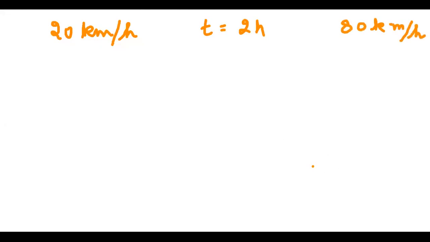In such case, if we want to find acceleration, it will be final velocity, represented by small v, minus initial velocity, represented by small u, whole divided by time t.